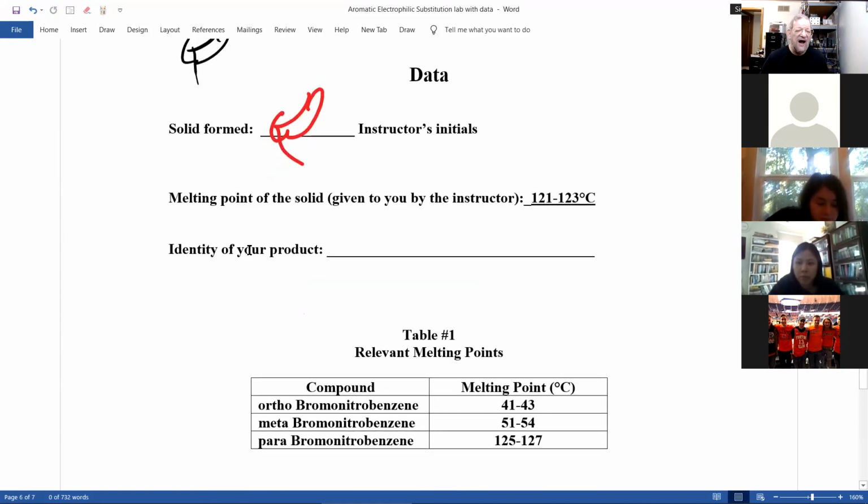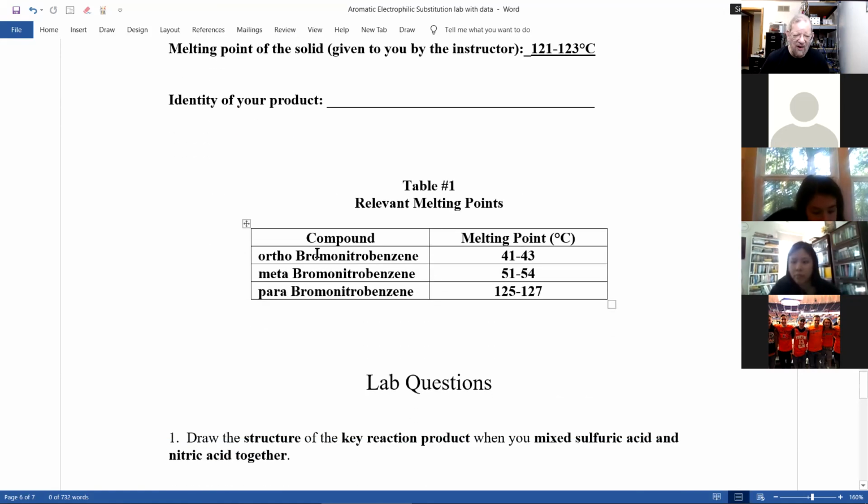But anyways, I'd also tell you what is the melting point of the product. In real life, students get this melting point, 121 to 123 or 120 to 123. What you have to do here is identify what product you get, and it's one of these three. Now, remember about the colligative effect and also being a rookie melting point person.